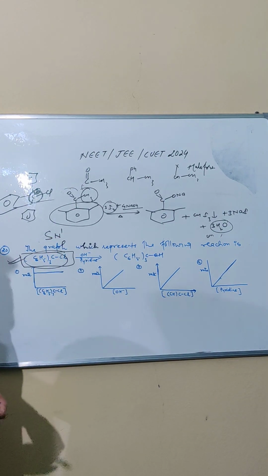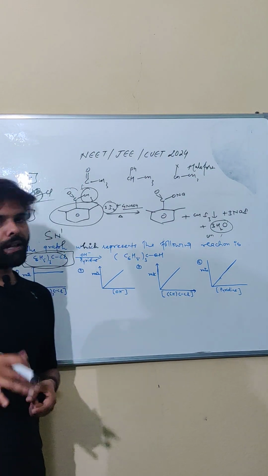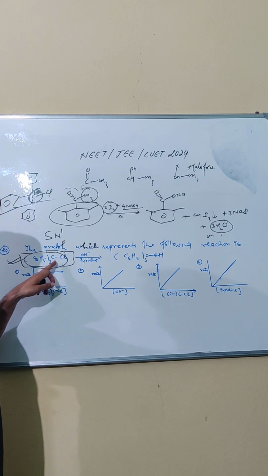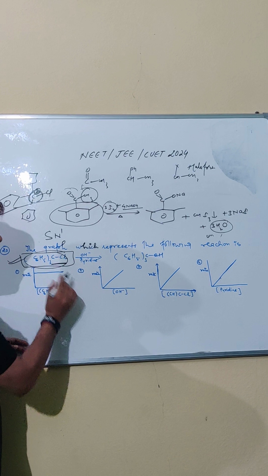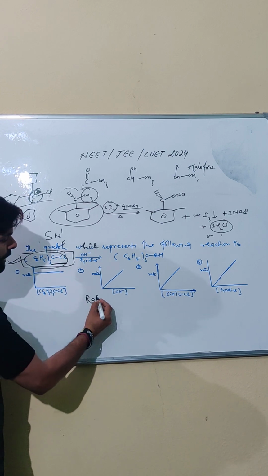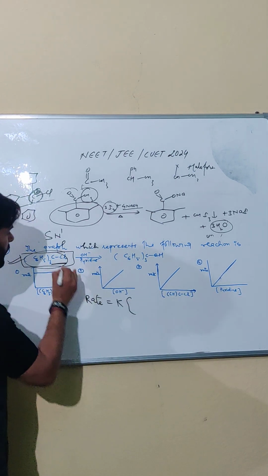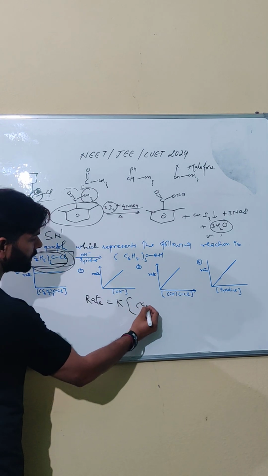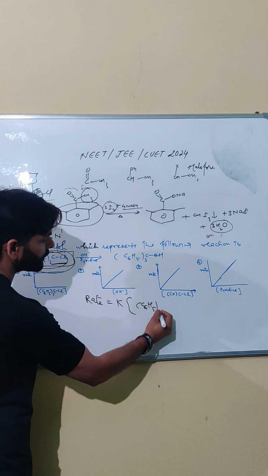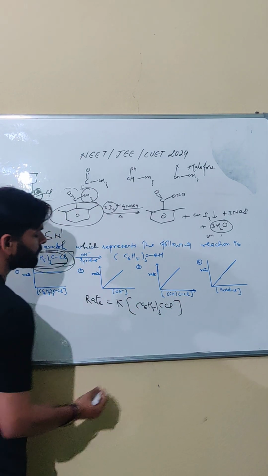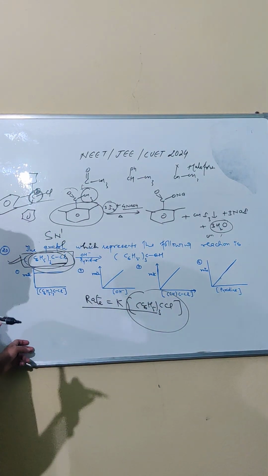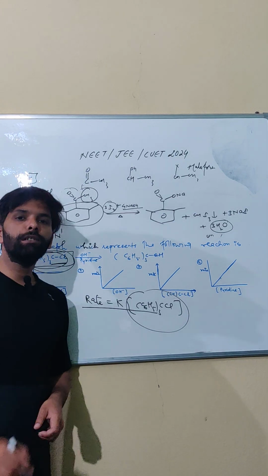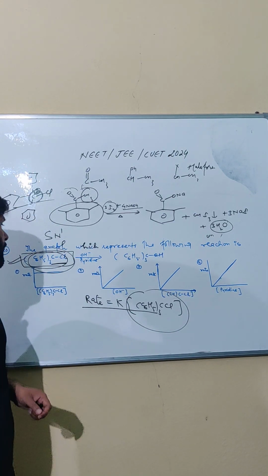You already know that a 3 degree alkyl halide gives an SN1 reaction very fast. So since it is a 3 degree alkyl halide and it will give a very fast SN1 reaction, the rate of reaction will be equal to K times the concentration of (C6H5)3CCl. Okay, so you can see that the rate of reaction depends on the concentration of one molecule. One molecule, unimolecular reaction, and also a first order reaction.